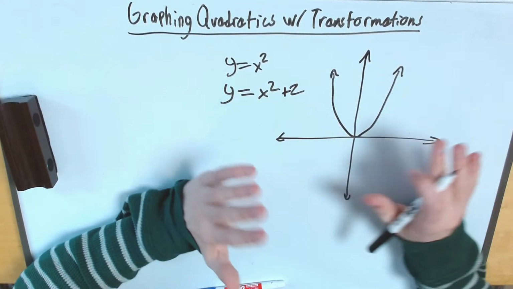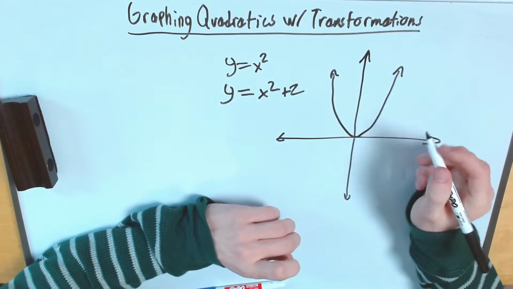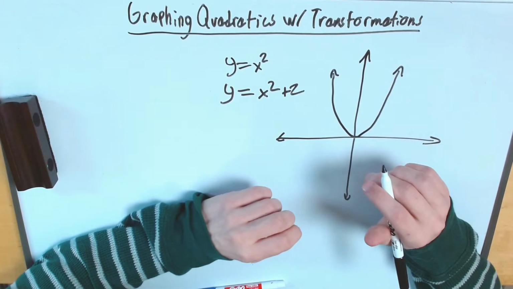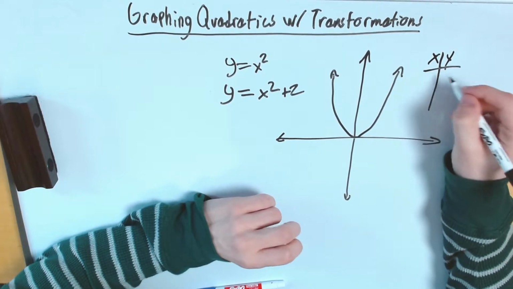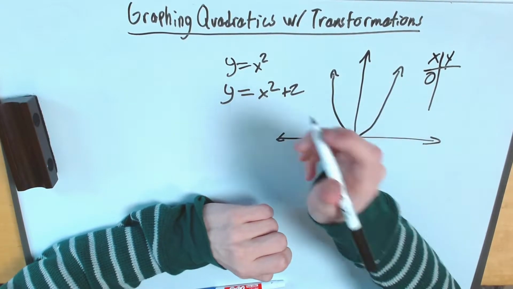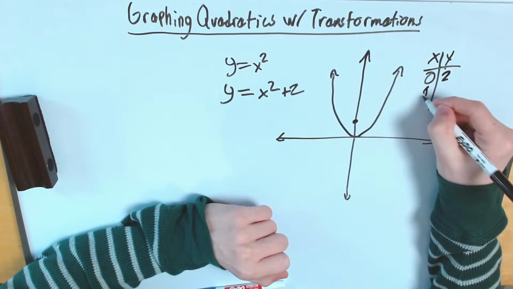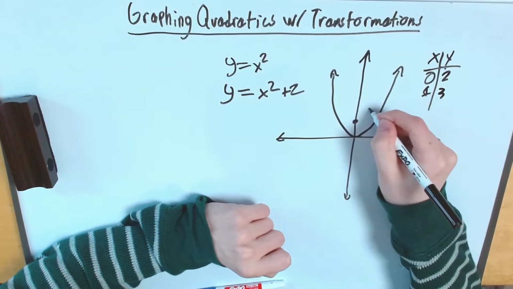Now, to explain how this affects the graph, I'm going to start off by plotting a few points, just so we can get a general idea and figure out what's changed. So I'm going to do a table of values. I plug in 0, 0 squared plus 2, that's 2. Plug in 1, 1 squared is 1, plus 2 is 3.